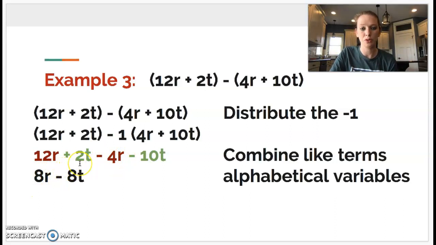And then 2t minus 10t gives us that negative 8t. And now we just follow the rules of the alphabet. So we put the r's first, and then we put the t's next because that's how you would see it in the alphabet. You could write it the other way as putting negative 8t plus 8r, but you'll most commonly see it written in alphabetical order.